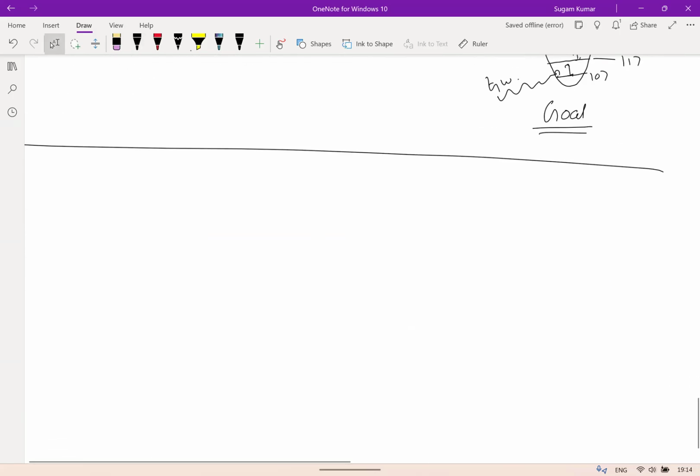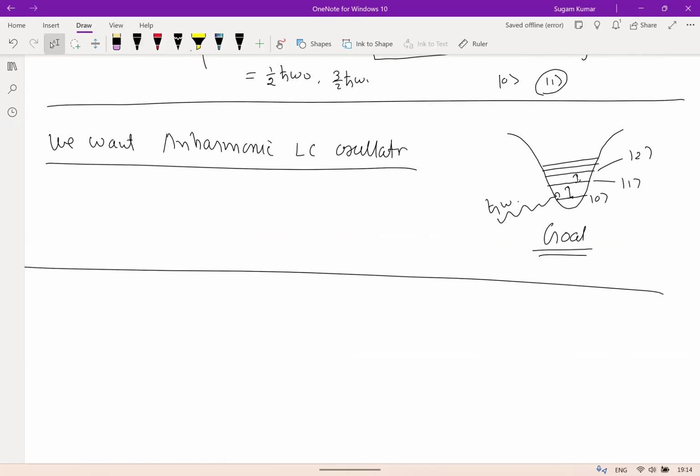Okay, so our goal is very clear: we want to create anharmonicity in the system. And before we go into that part, let me also simplify this equation further in another form.